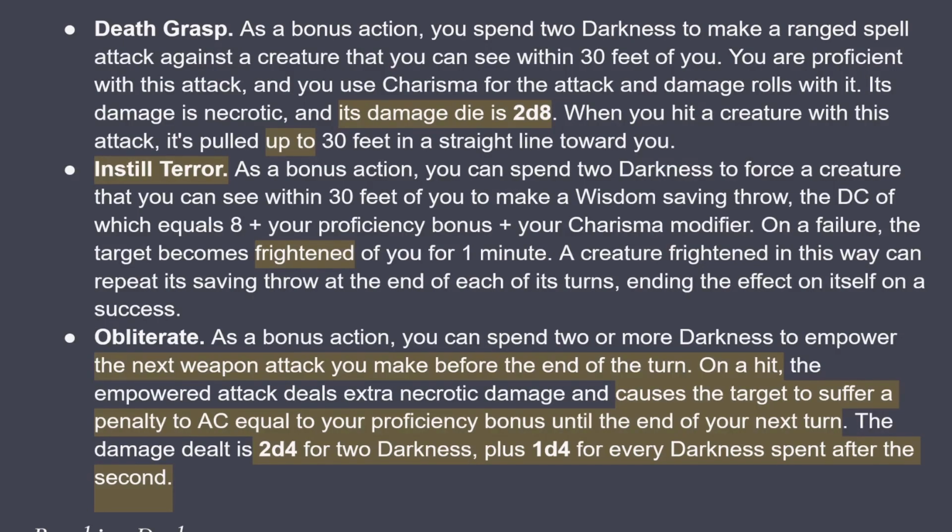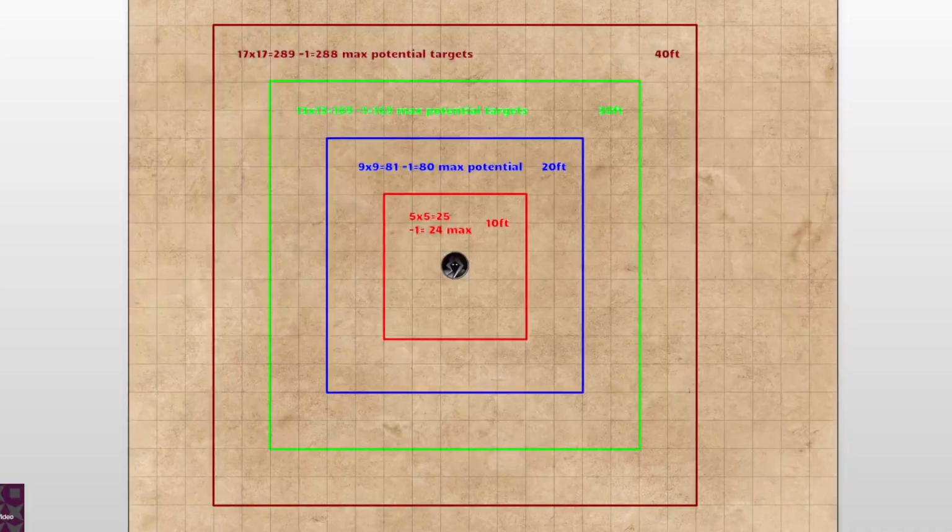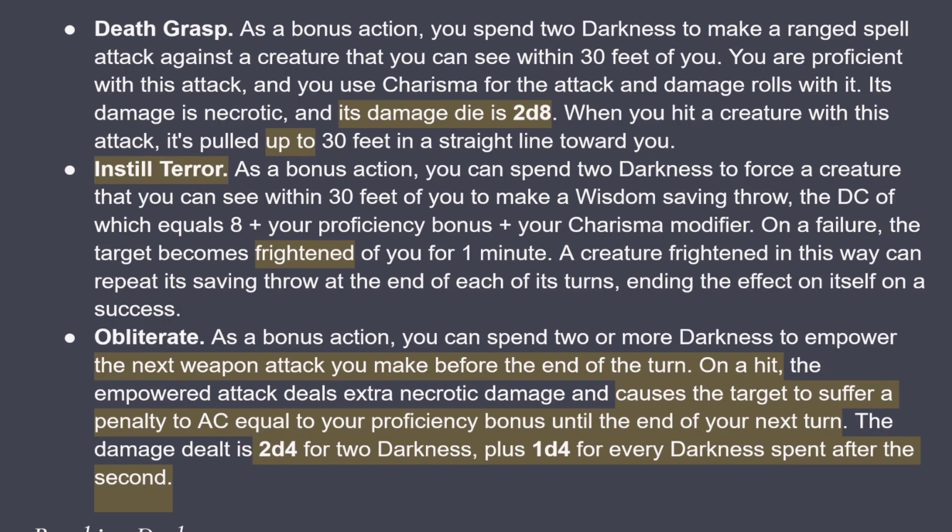Now, it does cost your darkness, which, like I was saying, it's really hard to say. You know, you could be getting a 20-foot radius and affecting multiple creatures for 2d6 plus 3 to 5 extra damage.